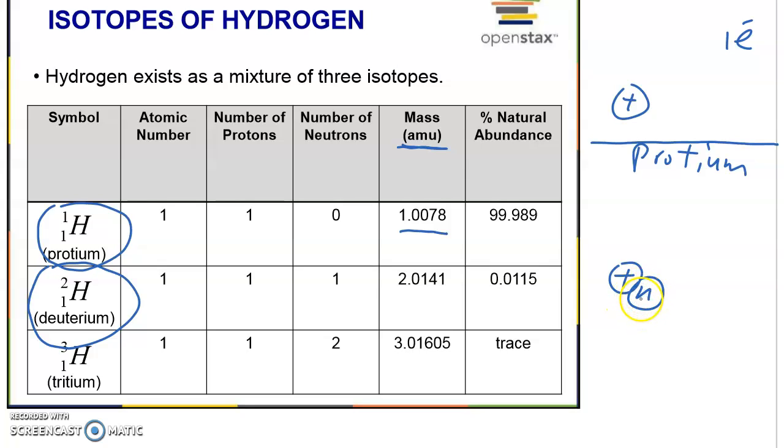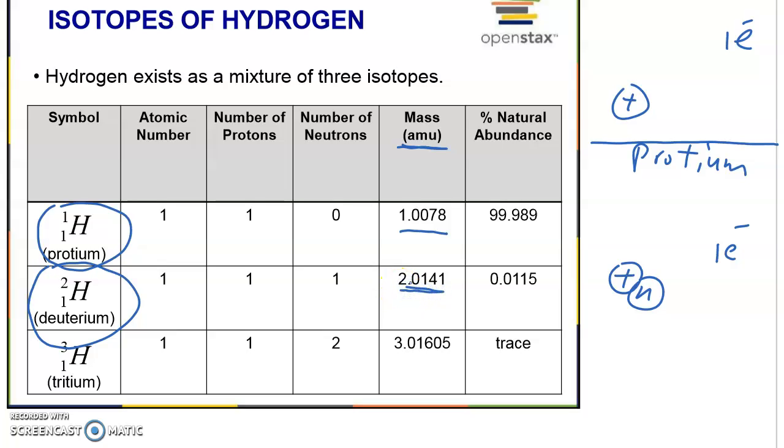We usually use the letter N to represent neutron. That's inside the nucleus. And one electron is outside running around. In this case, the atomic mass will be equal to the mass of the proton plus the mass of the neutron plus the mass of the electron. And therefore, it is over here.